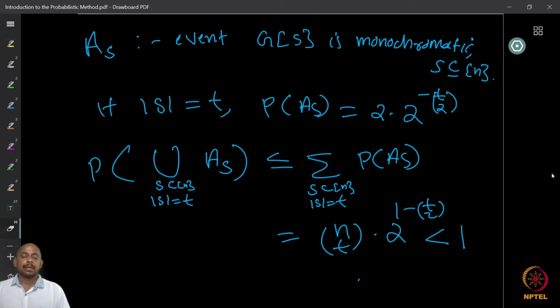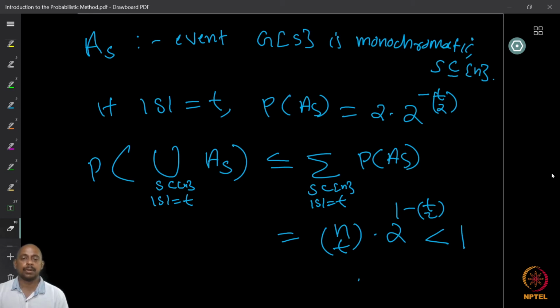Now, for a fixed subset S, the probability is this one. Let us look at the probability of the union of AS over every subset of the n vertices with cardinality equal to t. How many such t element subsets of an n element set are there? N choose t. Now, by the union bound, the probability of the union of AS is less than or equal to the sum of the probabilities of AS over all the subsets that we are looking at.